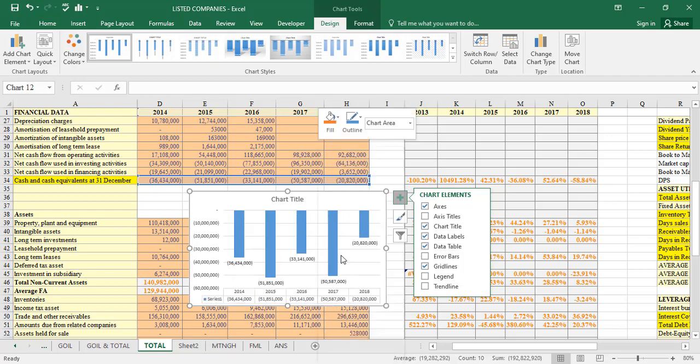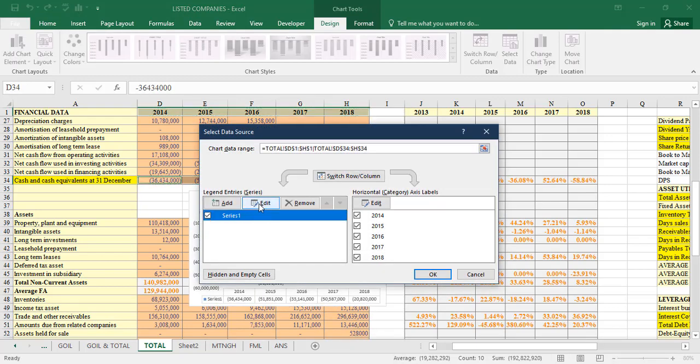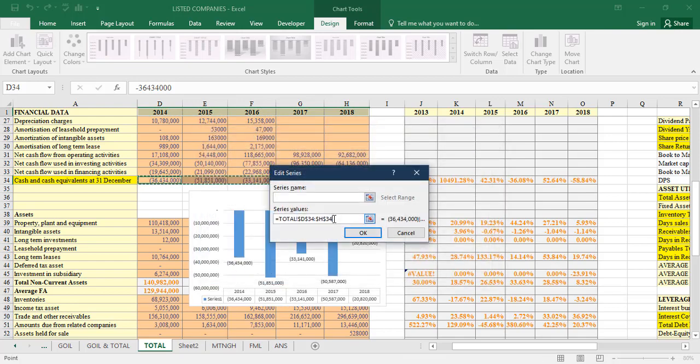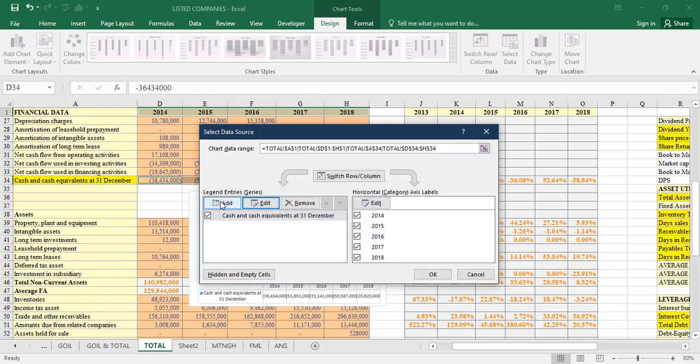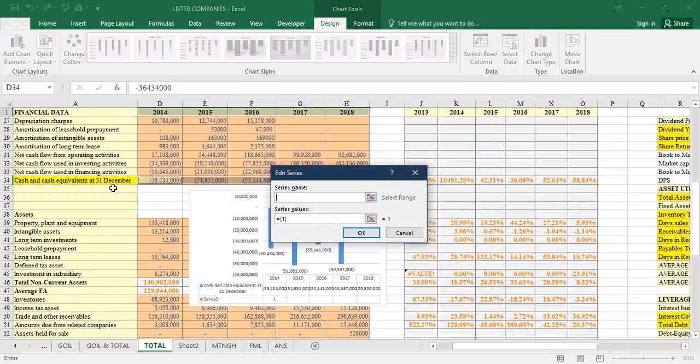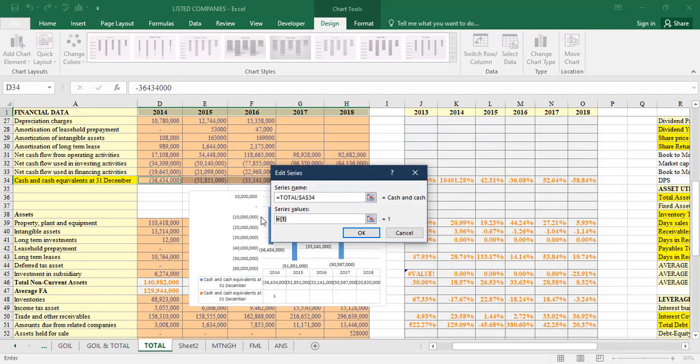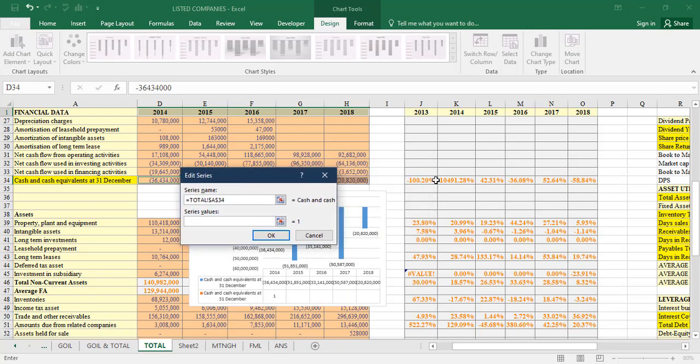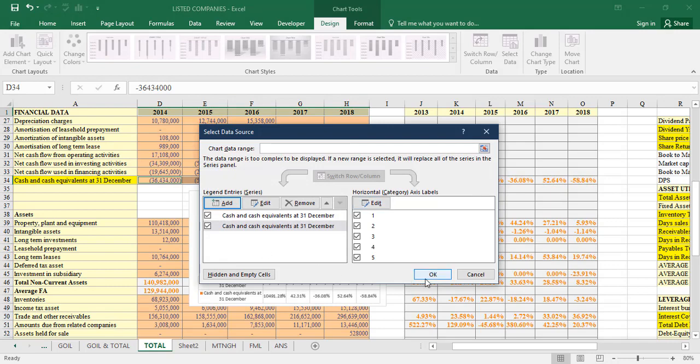We can also add, so we have cash and cash equivalent here. Let's add the growth rates to it. So we have the growth rate for cash and cash equivalent here. Okay, so there we have it.